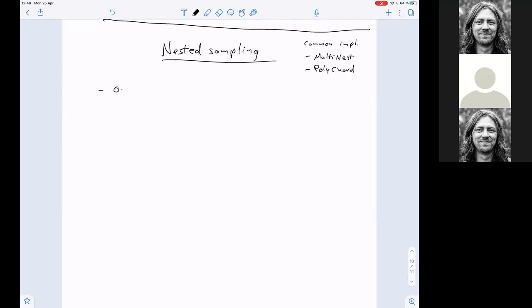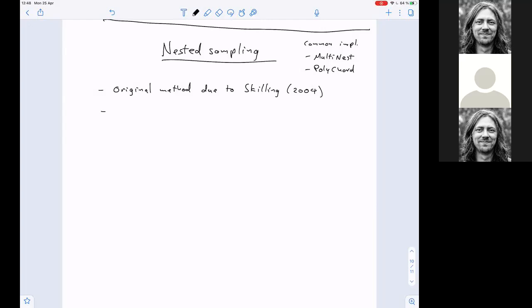So the original method is due to Skilling, and I think it dates back to 2004.